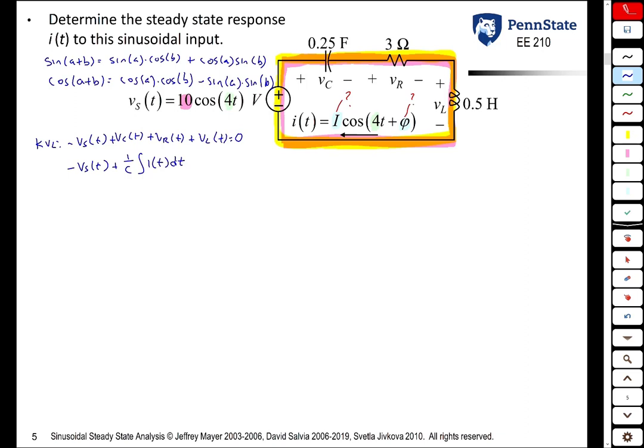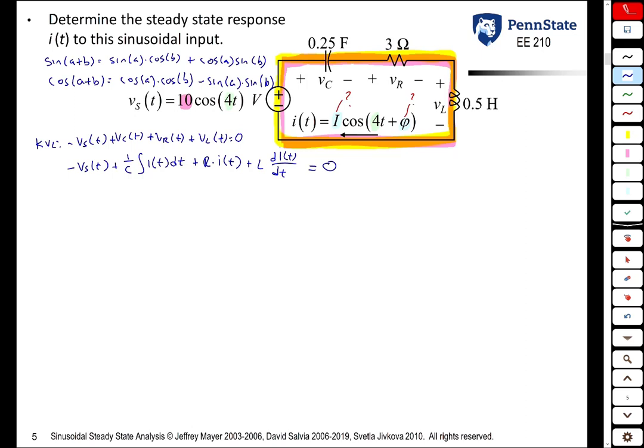The voltage across the resistor, from Ohm's law, we know is the resistance times the current through the resistor. And the voltage across the inductor, from the VI characteristics of an inductor, is just L times the derivative of the current. And this is still going to equal 0.